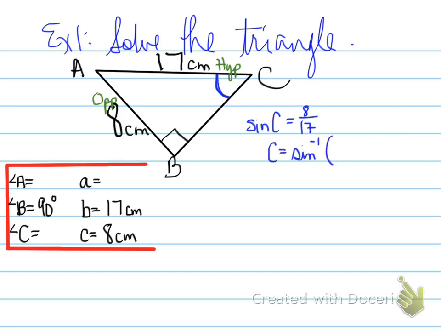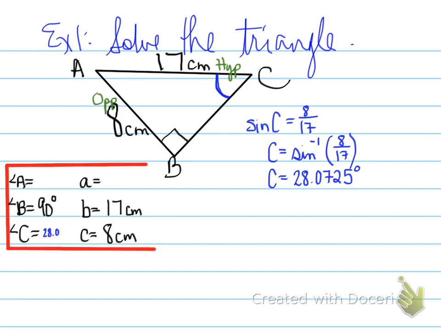C is equal to the sine inverse of 8 over 17. You type that into your calculator, folks, not 8 divided by 17, but sine inverse of 8 over 17, and that will equal 28.0725 degrees.